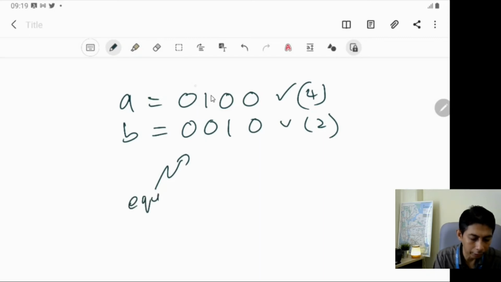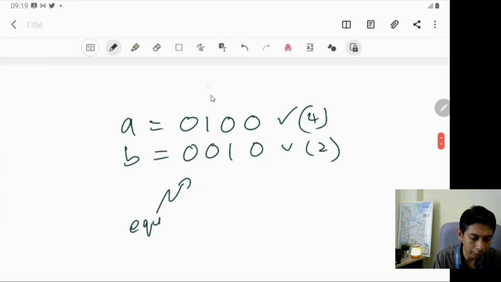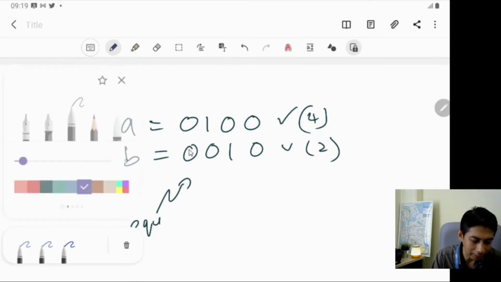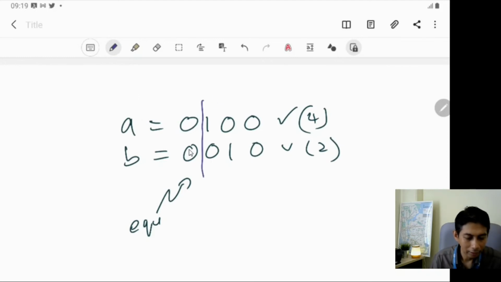So we check the first one first, the MSB of both. If this is equal, it means that the rest, you need to imagine, if you are the hardware, it cannot look at everything at one time like us humans. So the hardware will do something like this. It will check one by one.